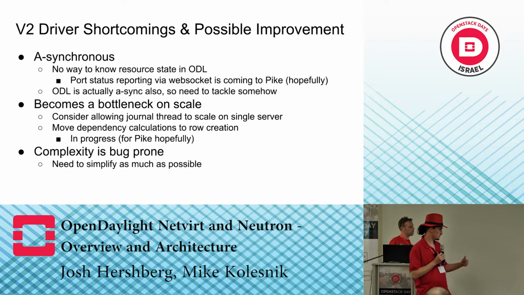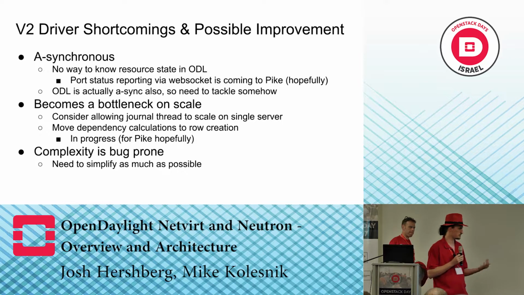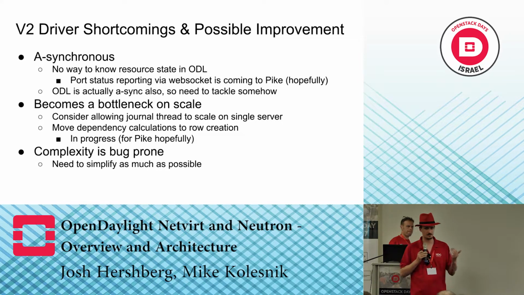And also the general paradigm of ODL being asynchronous needs to be handled somehow. If something fails on OpenDaylight, we don't have any feedback in Neutron. So from the Neutron side, everything looks good, everything is peachy, and then on OpenDaylight, all hell broke loose, so we need to handle this. Also, we talked about scale a bit.